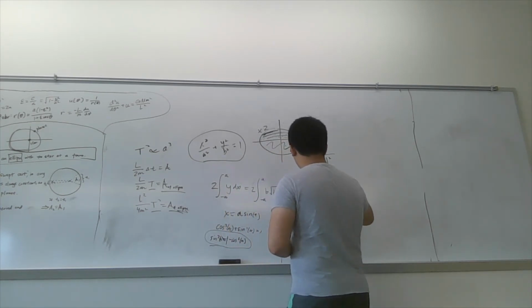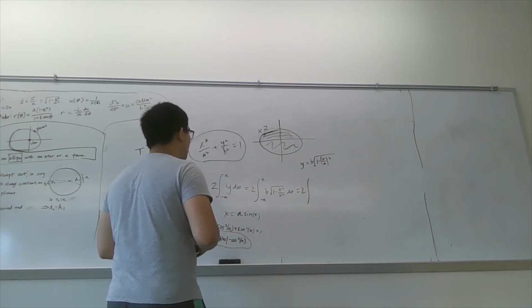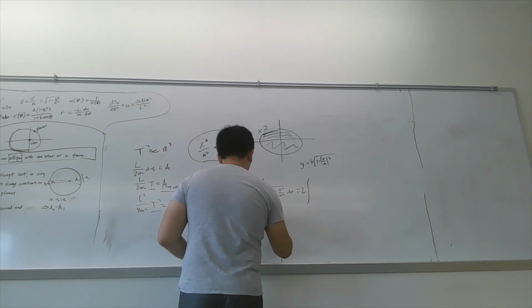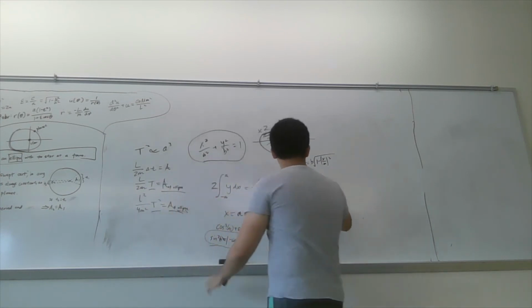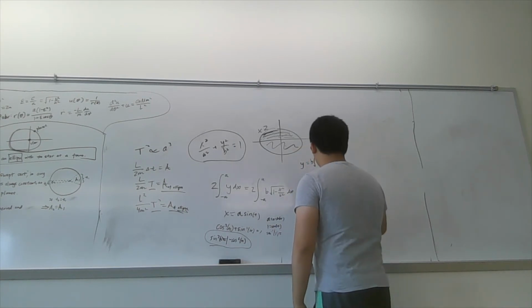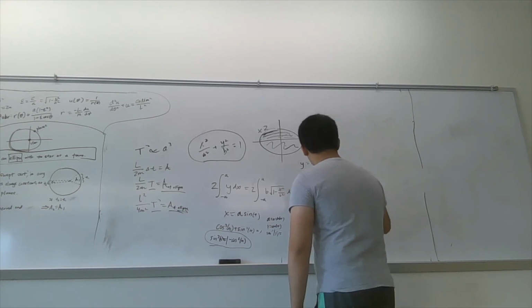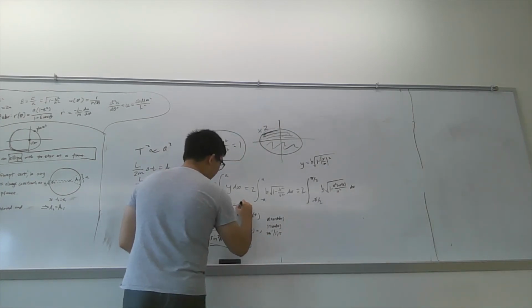So this will turn our integral into this. Our boundaries will change to pi over 2 and negative pi over 2, and dx will equal a cosine of x.